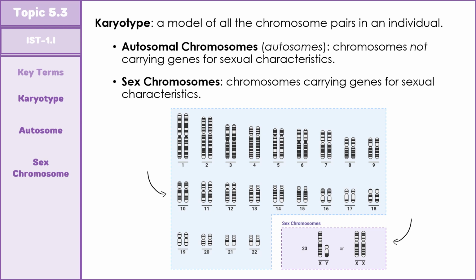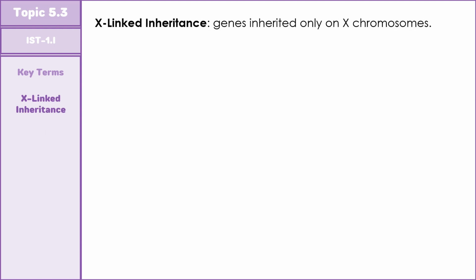So all of the crosses that we've looked at so far are what we would consider to be autosome crosses, because we're not looking specifically at sexual characteristics, or at traits that have been associated with sex chromosomes. So we do have cases where we have genes that are specifically inherited along our sex chromosomes, and the ones that we're going to be really focused on in AP biology are those associated with our X chromosomes.